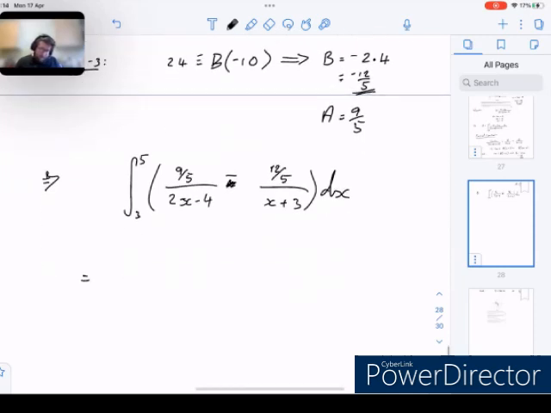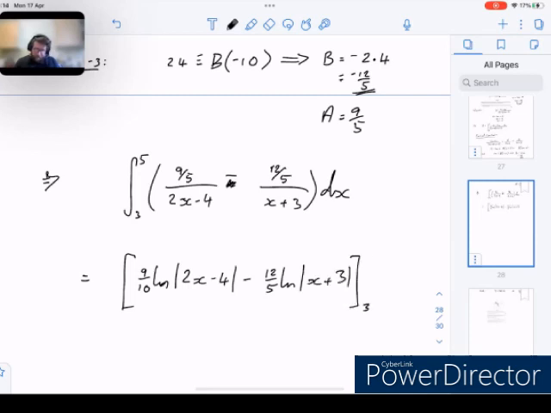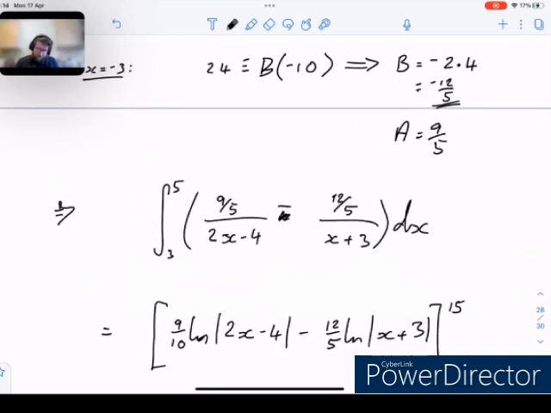So this becomes, we've got 9/5, and we're also going to have to divide by 2. So it'll be 9/10 log(2x minus 4), take away 12/5 log(x plus 3), between 3 and 5.